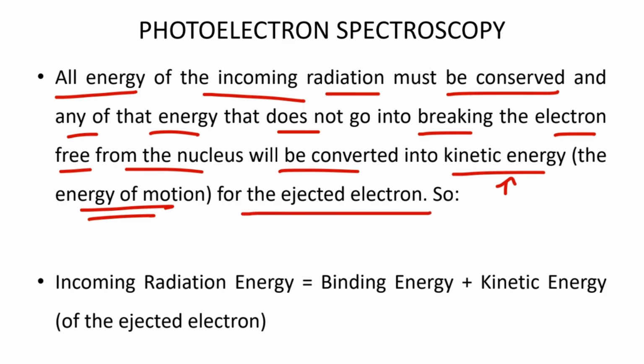So, for example, if an electron needs 1 kilojoule in order to be ejected out of the atom, and you gave it 2 kilojoules, the first kilojoule will be used in order to eject the electron out of the atom, and the second kilojoule will be used as kinetic energy. So incoming radiation energy will be binding energy plus kinetic energy of the ejected electrons.